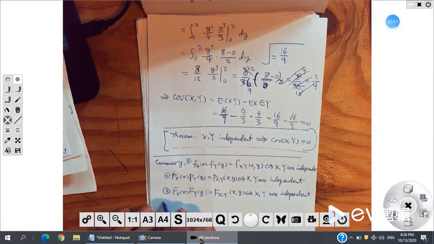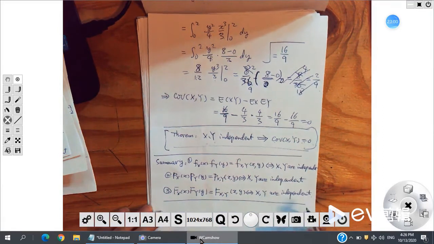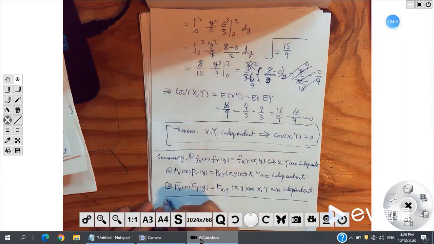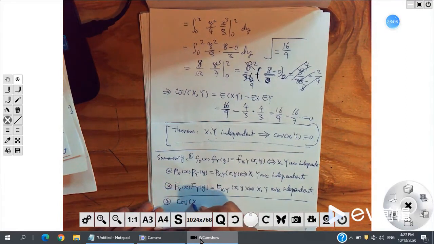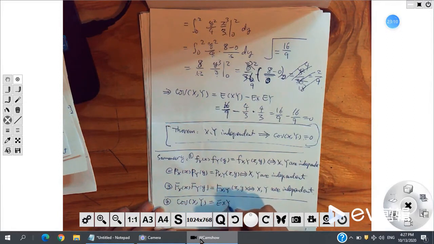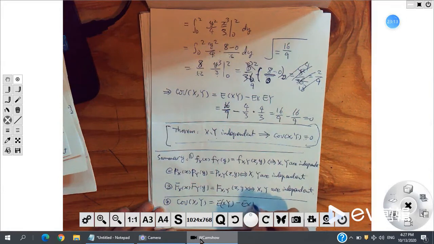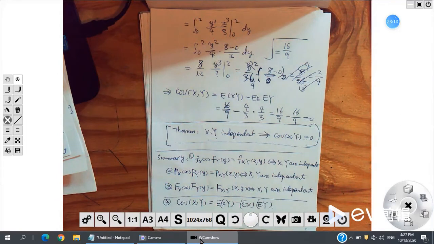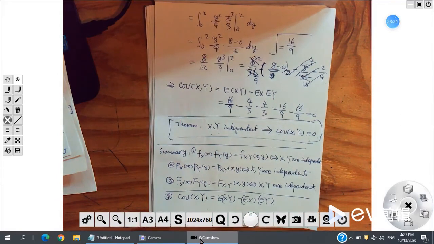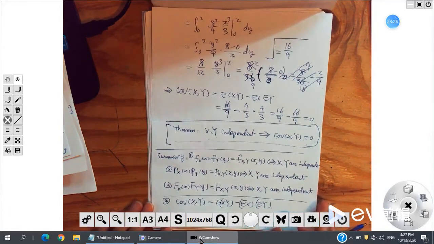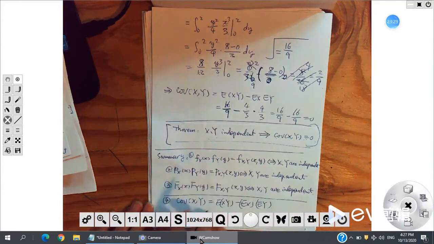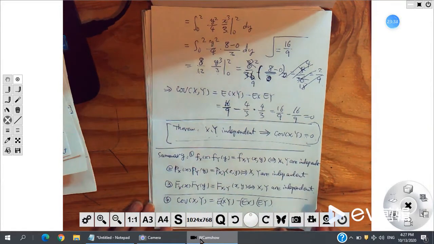What else do we have? Oh, we also have a formula. The covariance of x and y equals E of XY minus EX times EY. Now we have this. Alright, so this example is done, and we also have some rules. Maybe they will be helpful when you do some calculations.